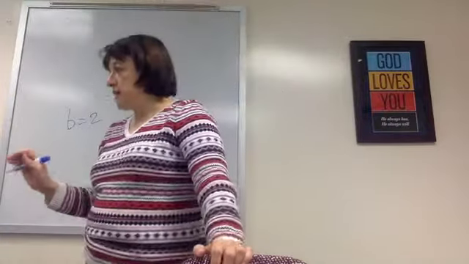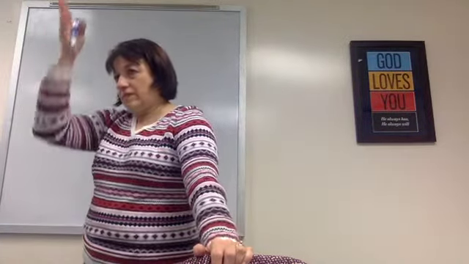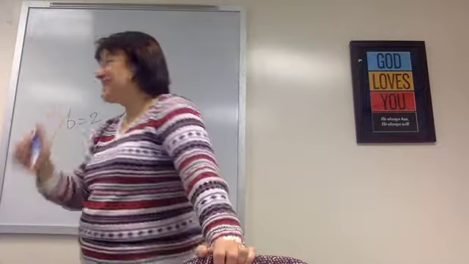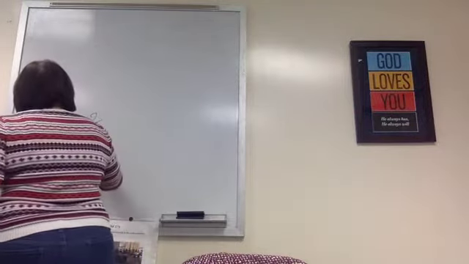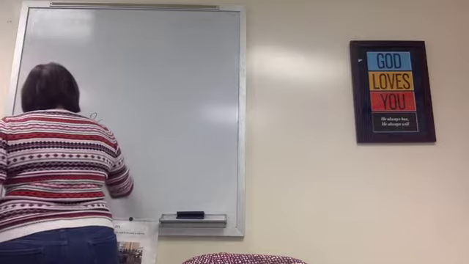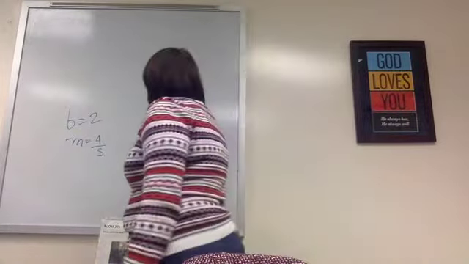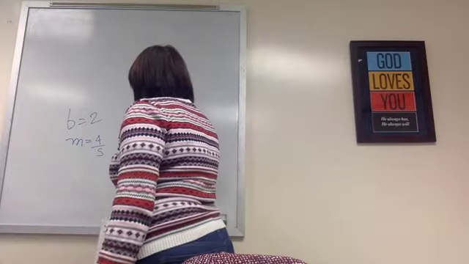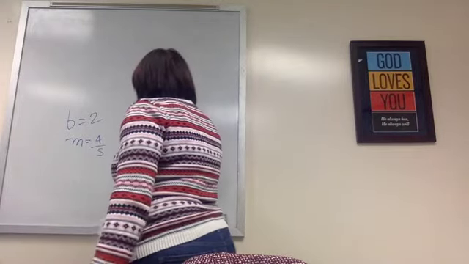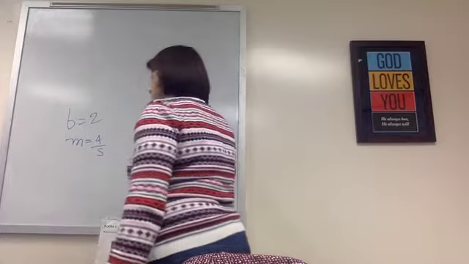So what is it? 4? Yes. So the rise is 4 and the run is 5. Now can I write this in slope-intercept form? So that's y equals what? 4/5 x plus 2.